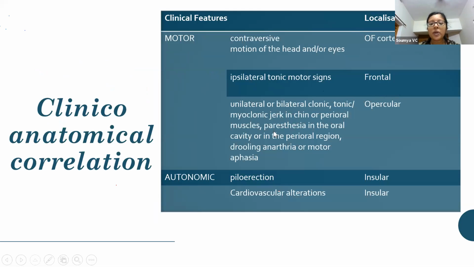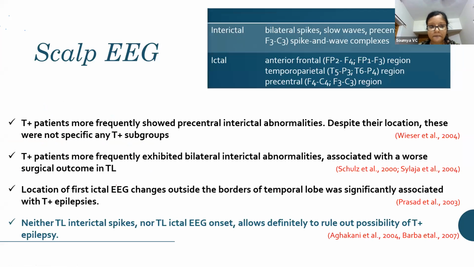The presence of unilateral or bilateral sensory or motor manifestations in the perioral region or the chin, along with anarthria, drooling or motor aphasia, will point towards a temporo-opercular involvement. And presence of autonomic features like piloerection and cardiovascular alterations, as we all know, will point towards an insular involvement.